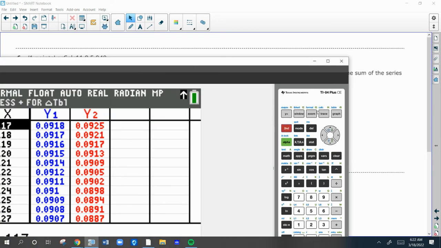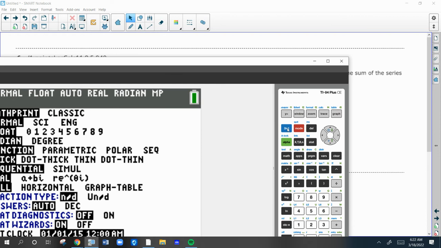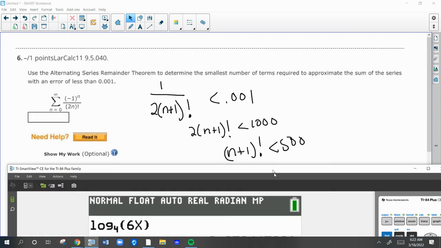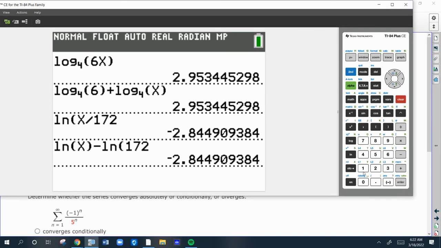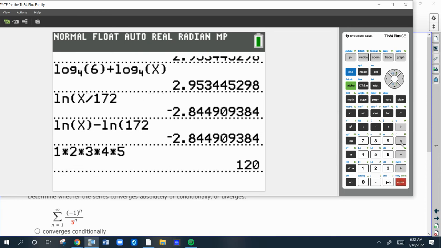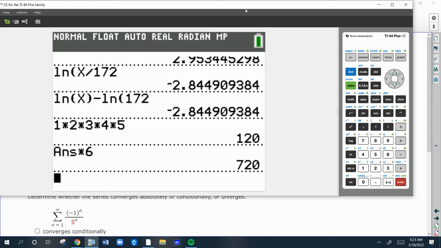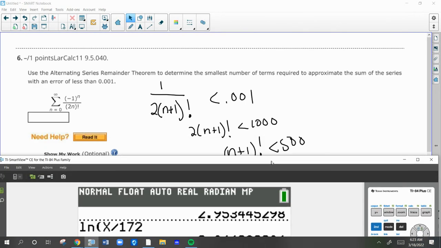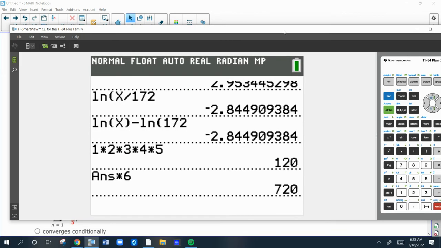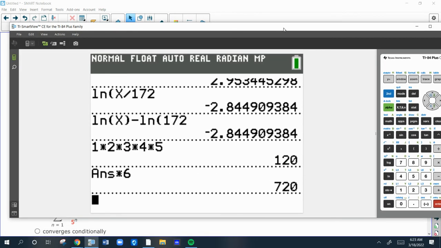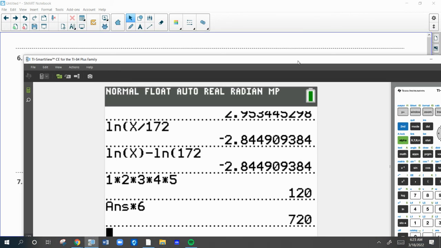But so we have 1 times 2 times 3 times 4 times 5. I know that's not going to get it. 120. So 6 will be 7. Oops, 6 is 720 already. So I need this to be less than 500. So the answer would be this factorial would have to equal 5 to be less than 500.